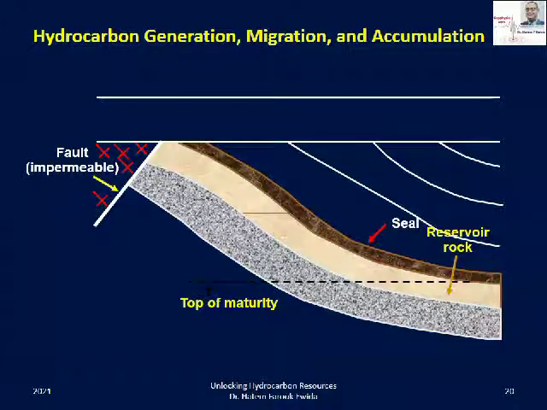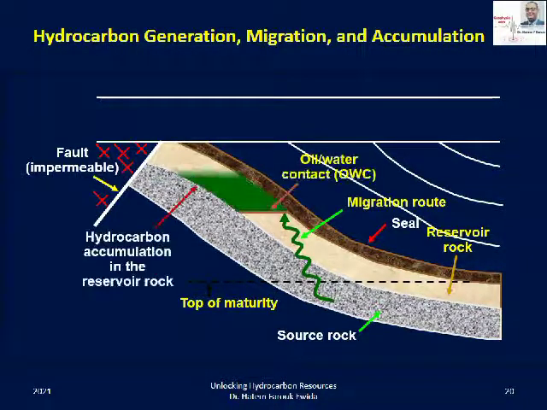You see, I'm looking for the elements and processes, and this is the seal rock, and this is the source rock. Then the source rock is exposed to the heat and pressure, and it starts to generate hydrocarbon, and this hydrocarbon primarily migrates from the source rock, and then secondarily migrates towards the reservoir, and then accumulates at the crest of the structure, and is entrapped because of the seal rock here, which is a lateral seal, and another lateral seal here, which is the fault.